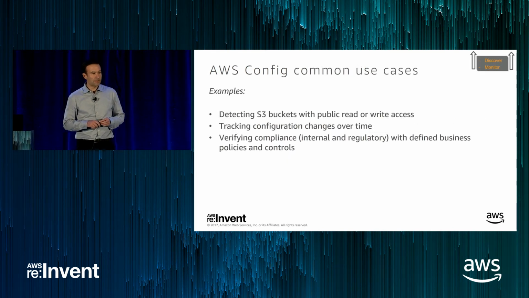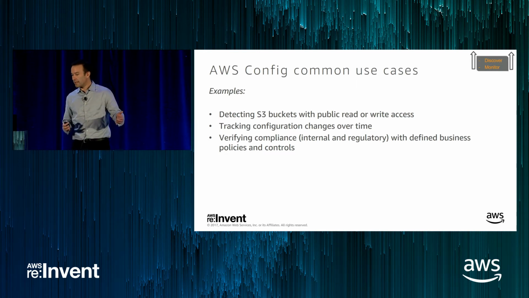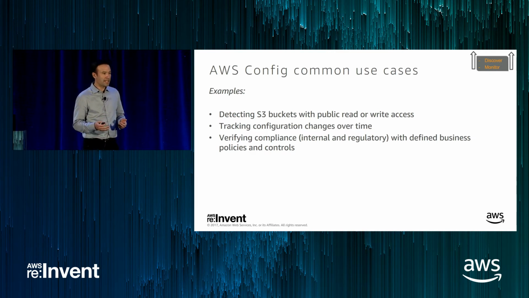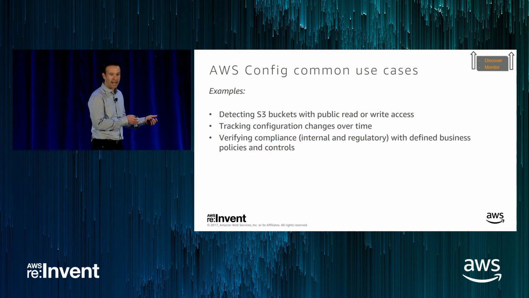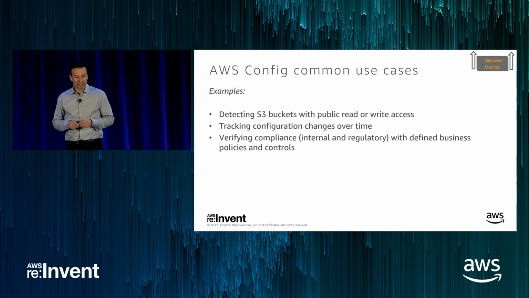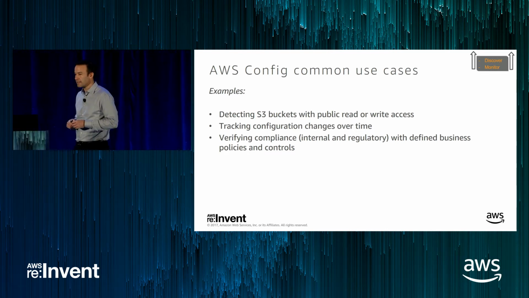Some of the common use cases are just what we've talked about here: detecting S3 buckets with public read or write, and tracking configuration changes. The other thing we'll look at in a demo in a second is that not only can I get notification, but I can see who did it, and I have a full audit log through CloudTrail of that activity. And then verifying compliance with both internal and regulatory requirements, with our defined policies and controls.